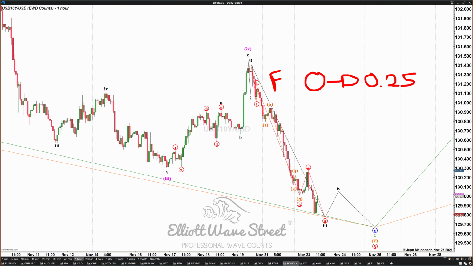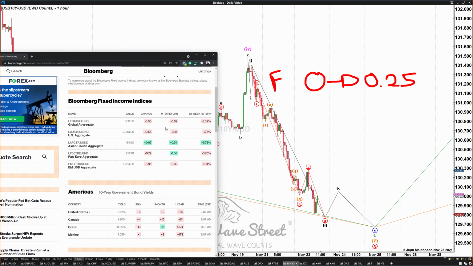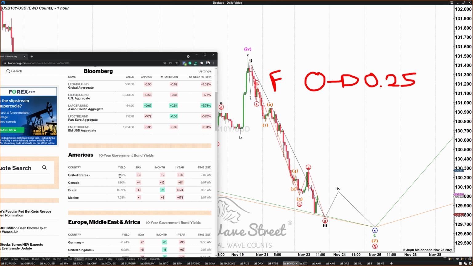So these days, what we are seeing in real life in the market is the yield on the 10-year bond at 1.65. And the Fed rate is between 0 and 0.25. So 1.65 is the market rate.